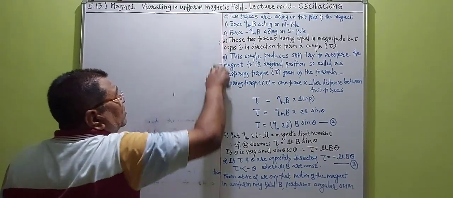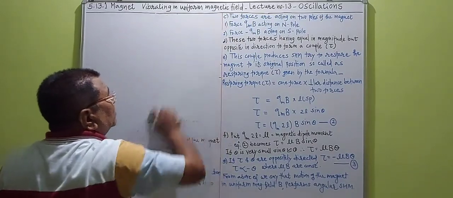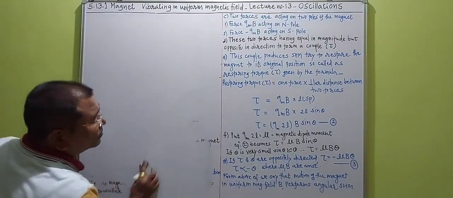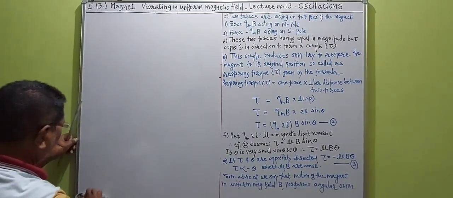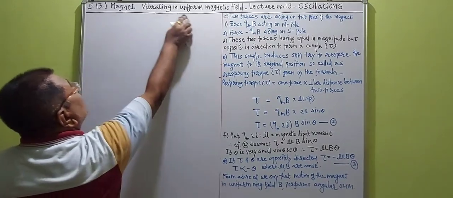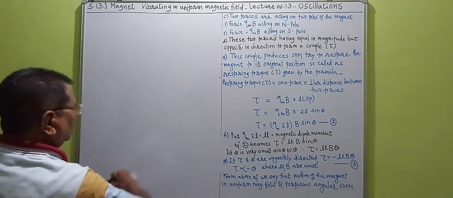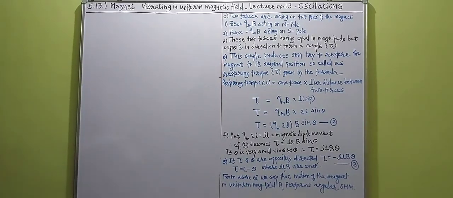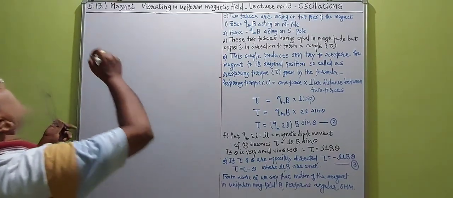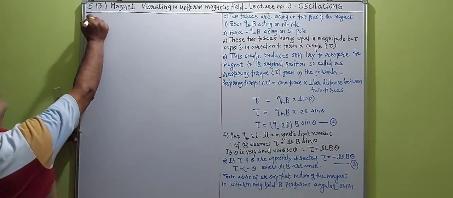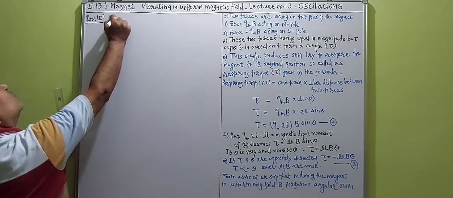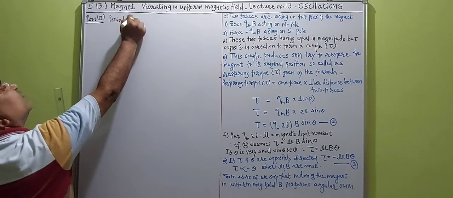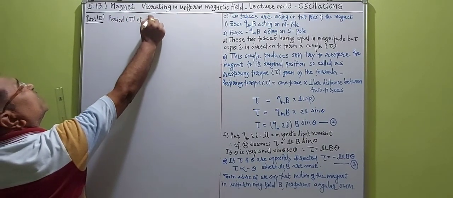Then we have to discuss the period of a magnet. We will see the period of a magnet, part 2, period capital T of a magnet.